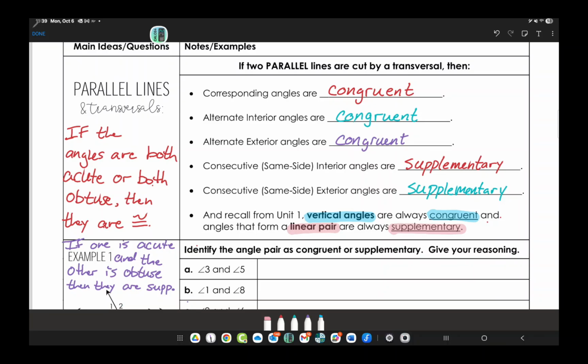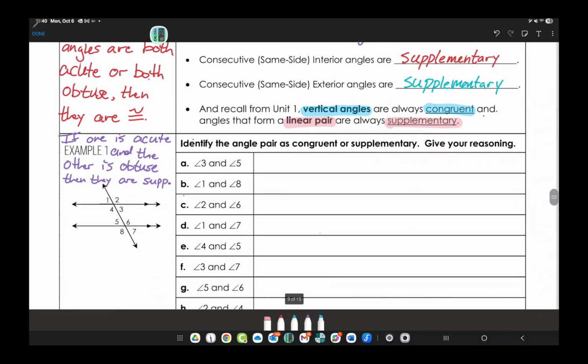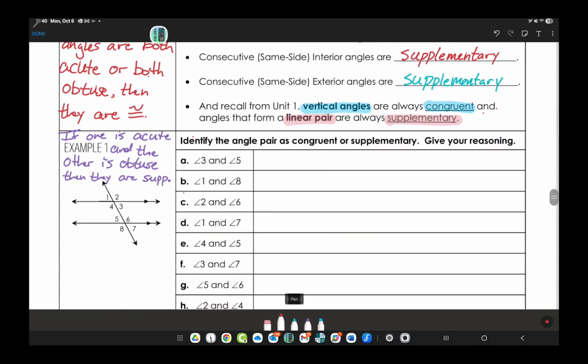So again, if you can't remember those rules, just look at the angles. If they don't look the same, they're probably not the same. They're probably supplementary. So let's look at these angles here.